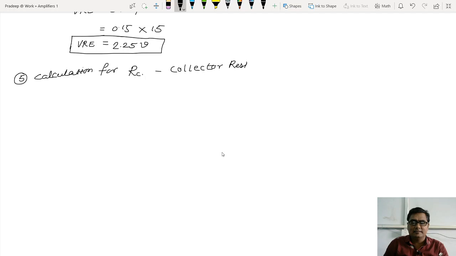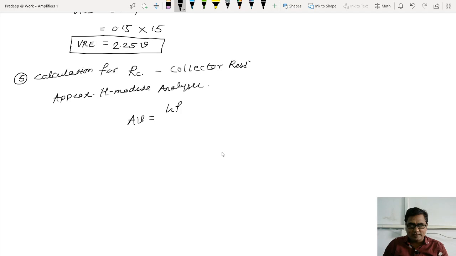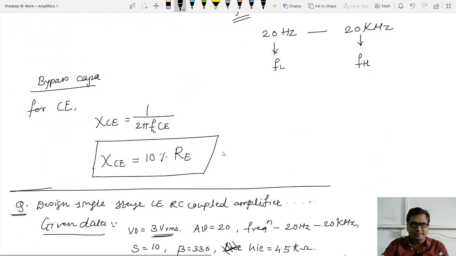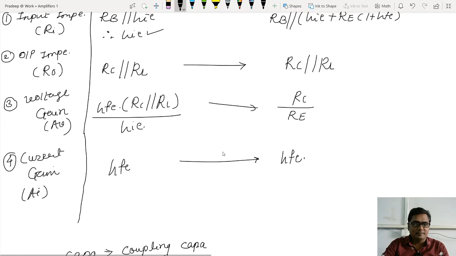RC is the collector resistor. Now, do we have any equation related to RC? From the approximate h-model analysis, we have this equation: AV equals hfe multiplied by RC in parallel with RL, divided by hie. If you don't remember that, let me scroll down and show you the summary.